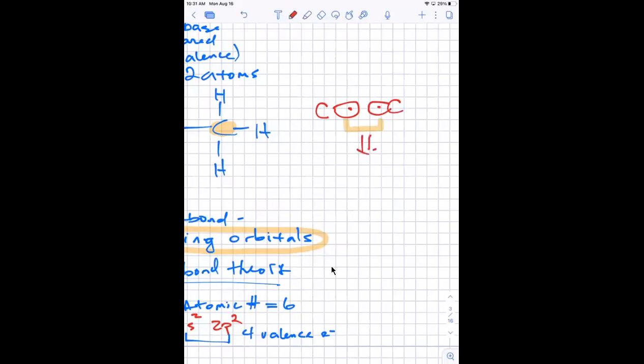When they overlap, that's how you form a covalent bond between those two atoms. As long as the orbitals have the same sign, it's what we call constructive overlap, so they add together. That's why you don't see the two separate orbitals anymore once they add together. I'll put constructive up here if I can fit it in.